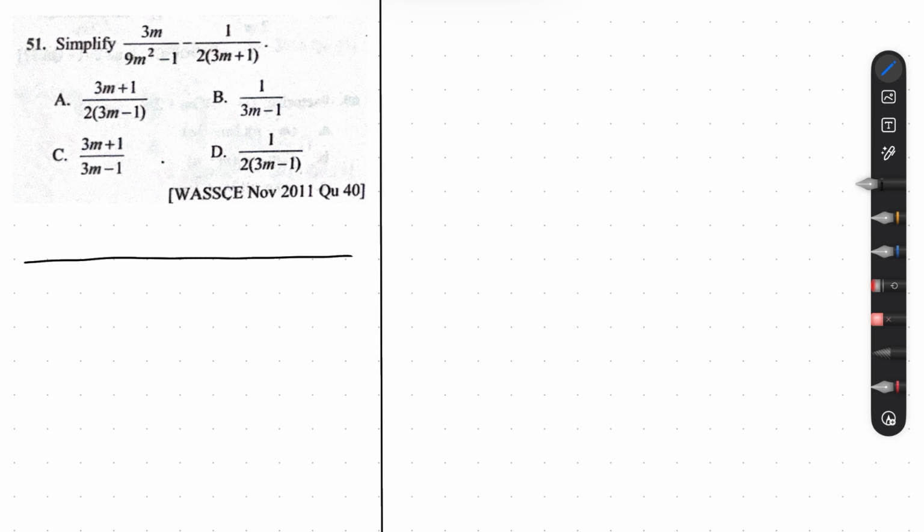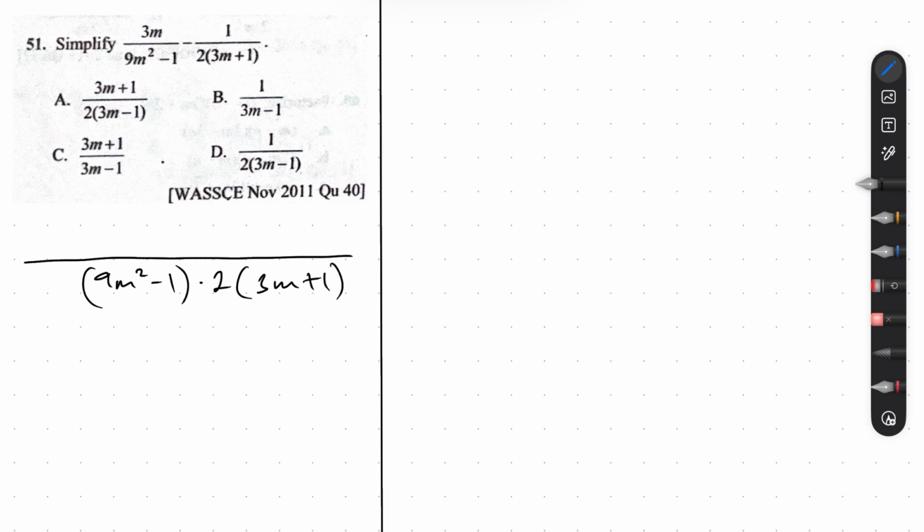Okay, so we have m squared minus 1, and then we would have times 2 multiplying 3m plus 1. Okay, cool.